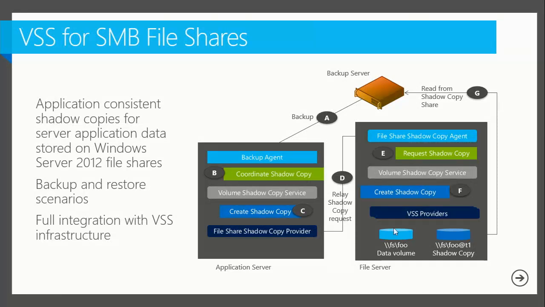Then when you create a snapshot, it creates another share that has the shadow copy, that has the snapshot. So we actually do the snapshot on the remote machine, and we provide you with a share. The shadow copy actually has a GUID in the path to be unique, so we don't put a GUID there to make it simpler. But that's basically our full integration with VSS.